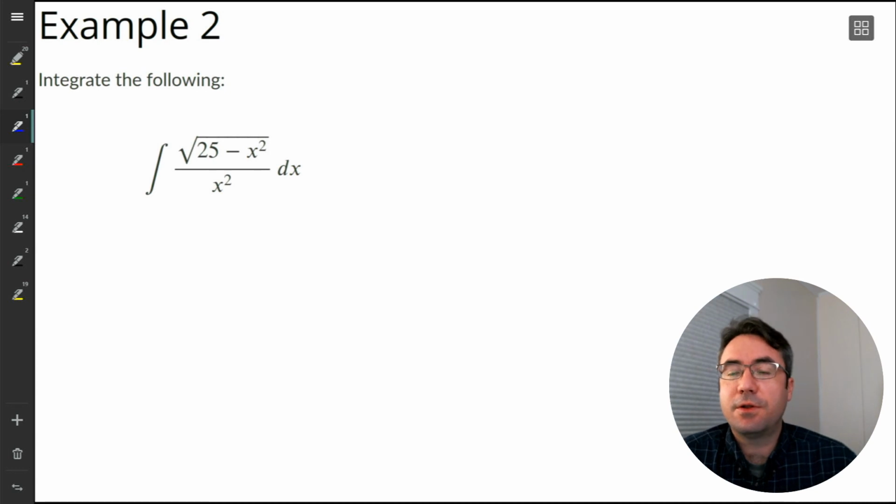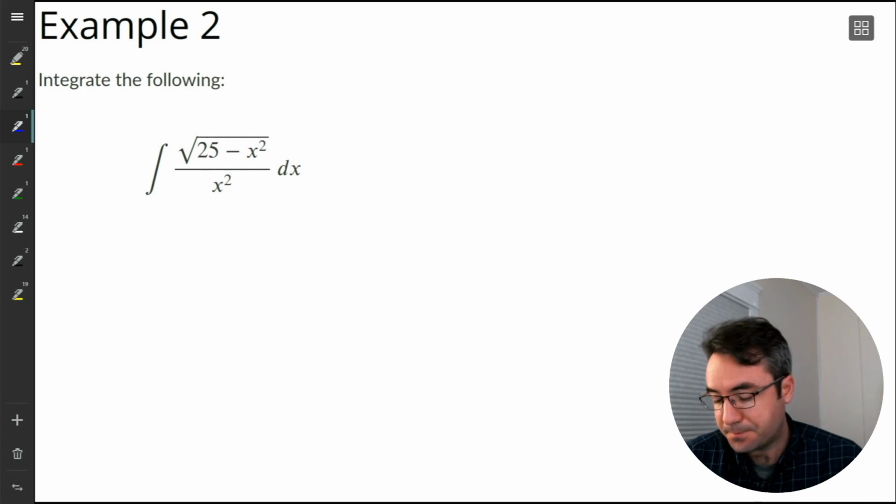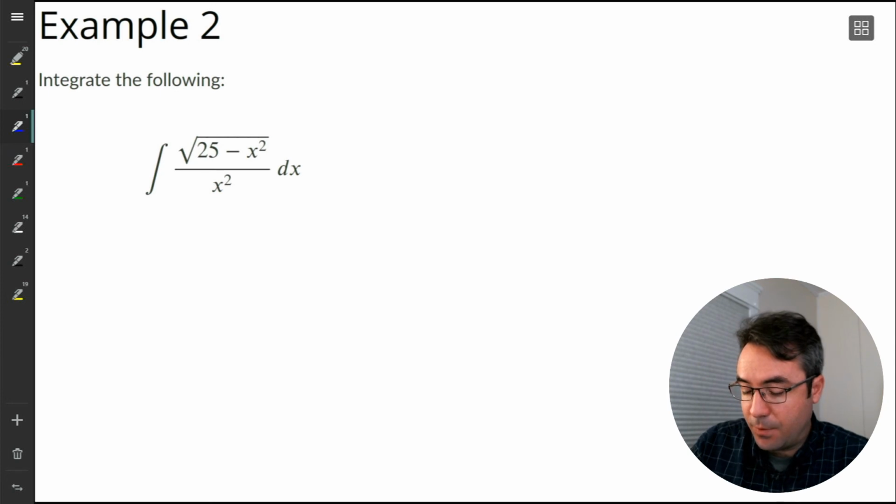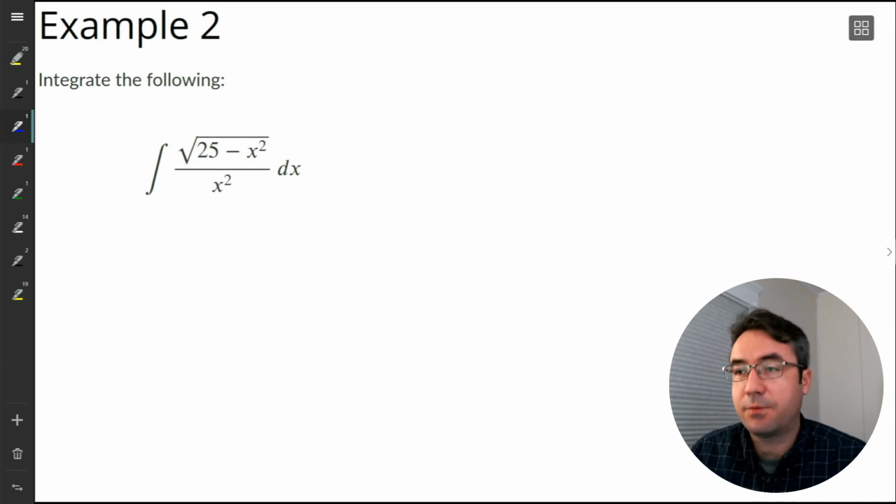And this is the integral of the square root of 25 minus x squared divided by x squared. So the first thing we need to do when we are going to do a trigonometric substitution is to decide on what we should pick for x. And if we remember back, there's really three choices.